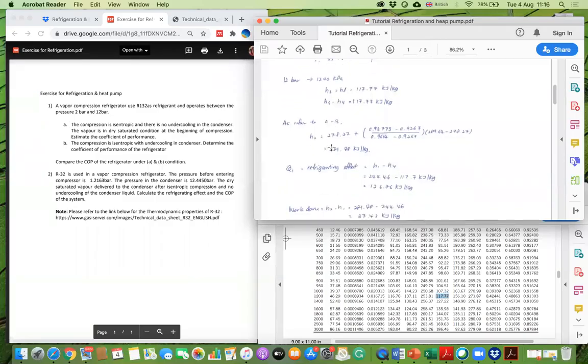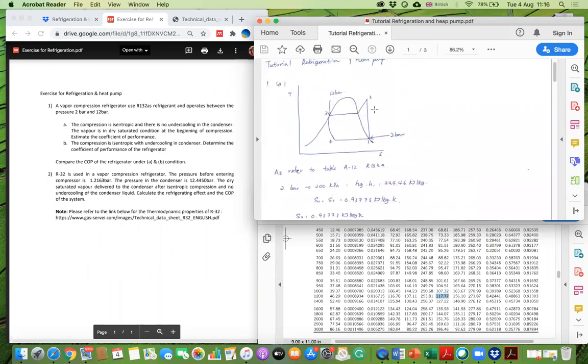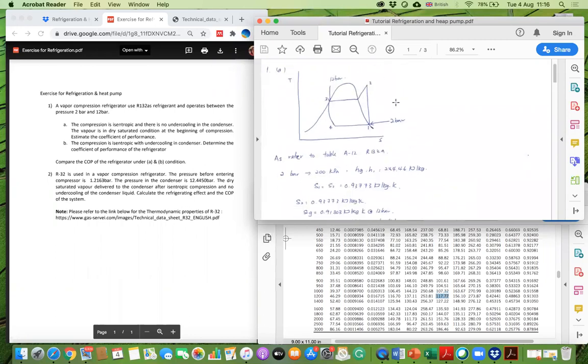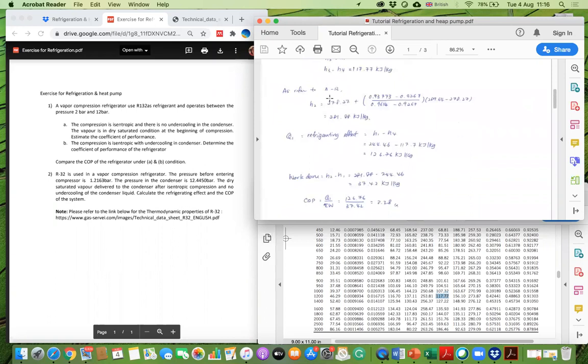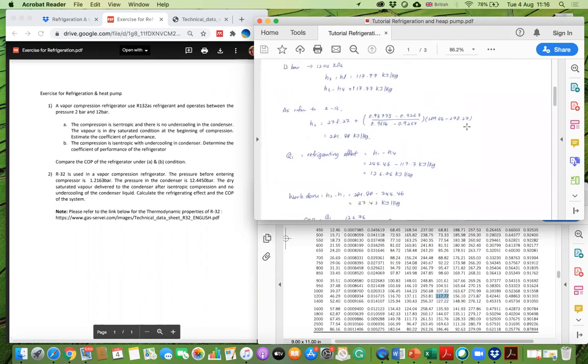Because H2 is superheated, right? So then we have to refer to table A3. So how to get the H2? We just use these methods to get your H2. Try it, you will get it, okay?